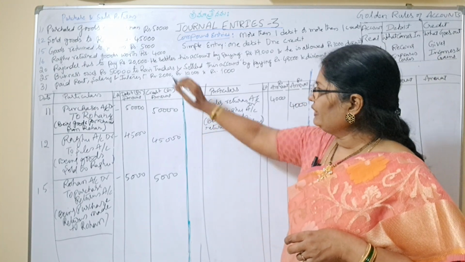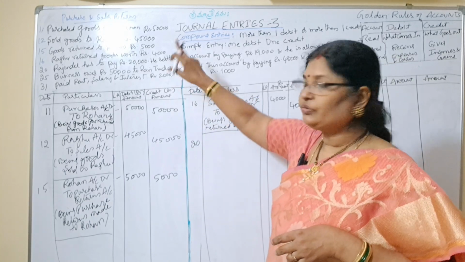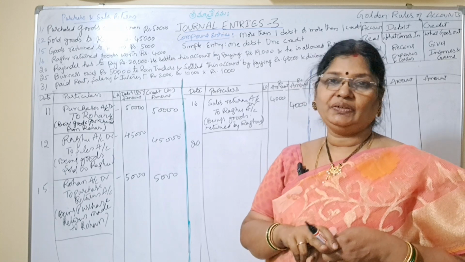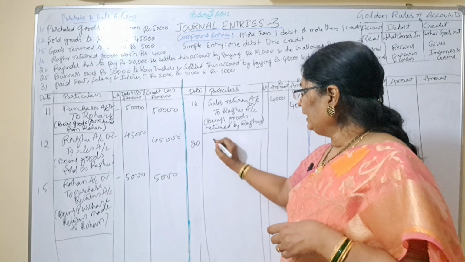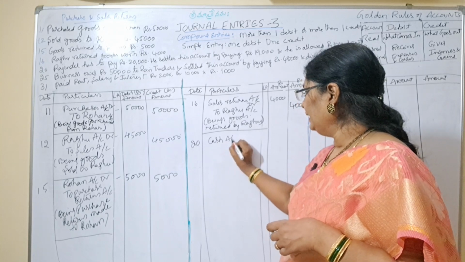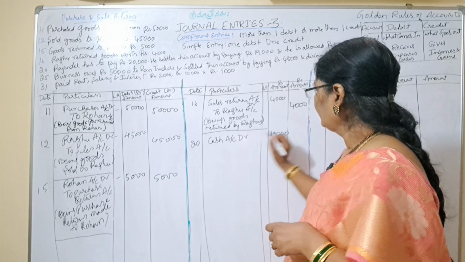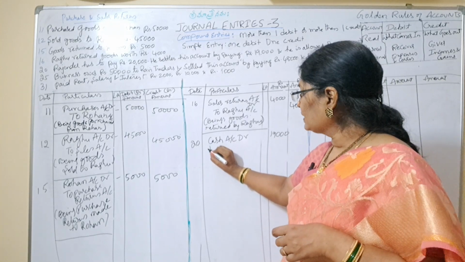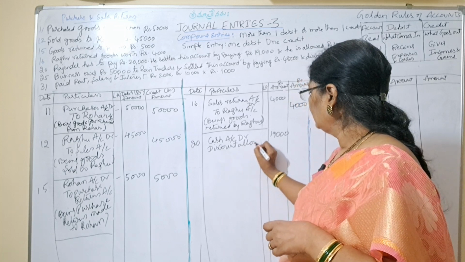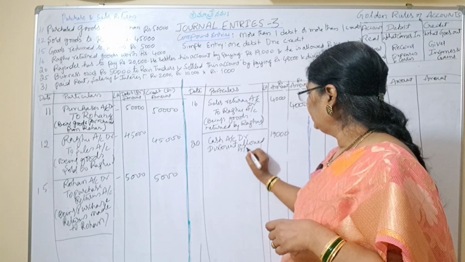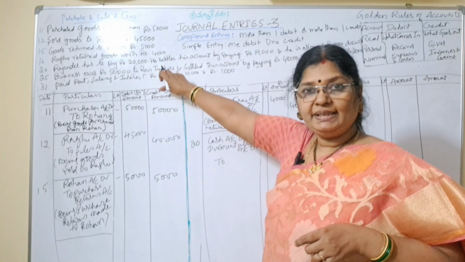On which date did it happen? On 20th. So totally how much cash do we have to get from Rajendra? 20,000. But how much are we getting now? 19,000. So what will we write? Cash account debtor 19,000. Discount allowed account debtor to, from whom have we received this amount?